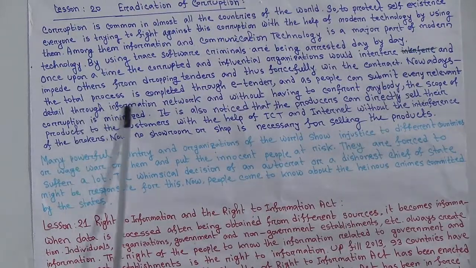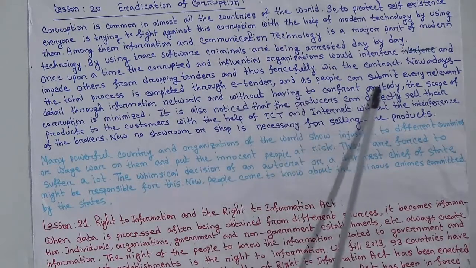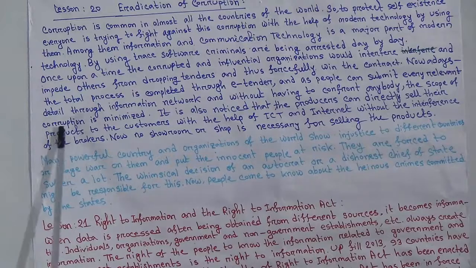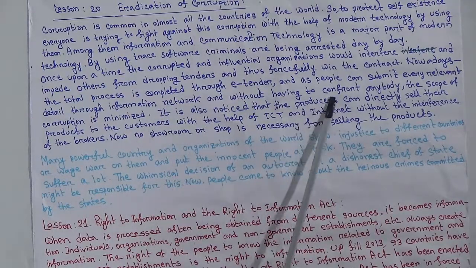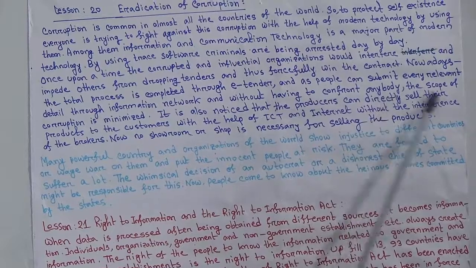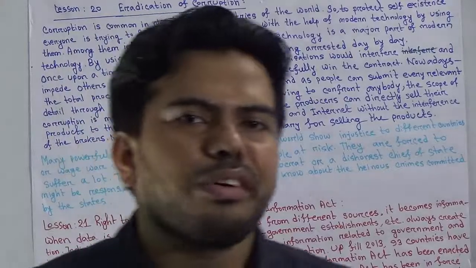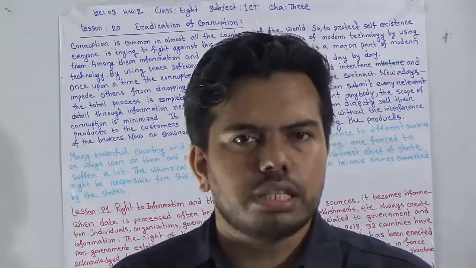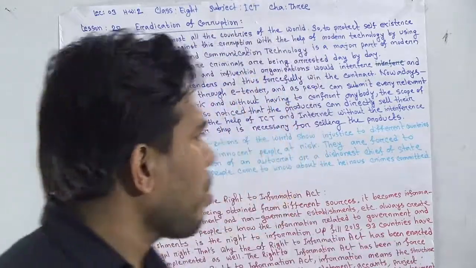Nowadays, the total process is completed through tender, and as people can submit every relevant detail through the information network without having to confront anybody, the scope of corruption is minimized. The scope of corruption has been minimized remarkably due to using ICT everywhere.